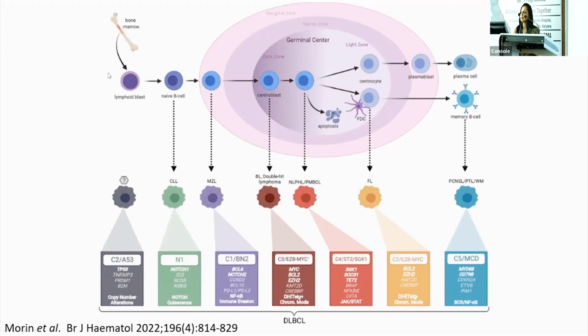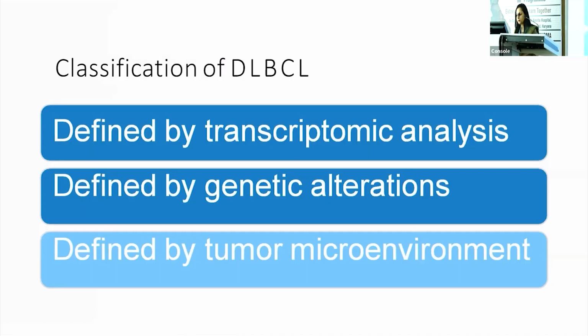I think this was covered by Nupur in her slides, how the cells evolve, at which stage the arrest occurs and the clonal proliferation occurs, and you can see how all of them are related. So tomorrow it may be quite possible that they are grouped into the same categories, which are now distinct lymphomas.